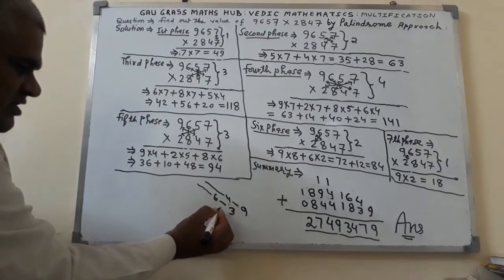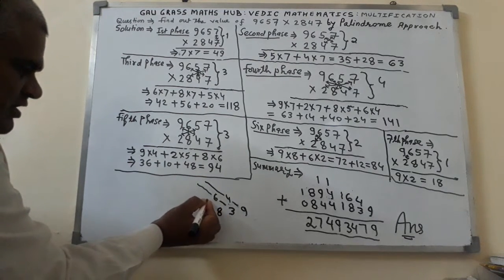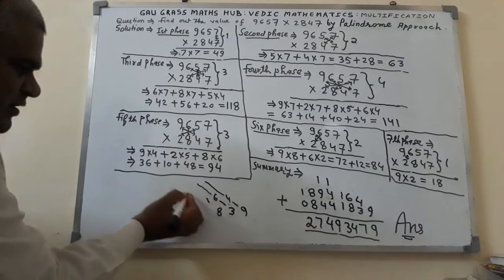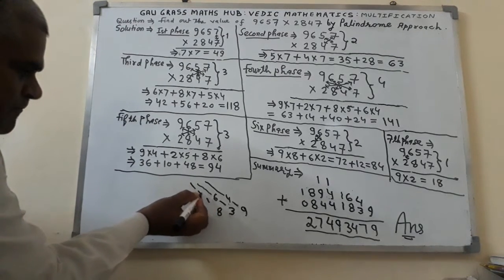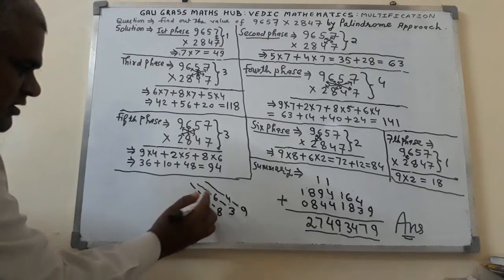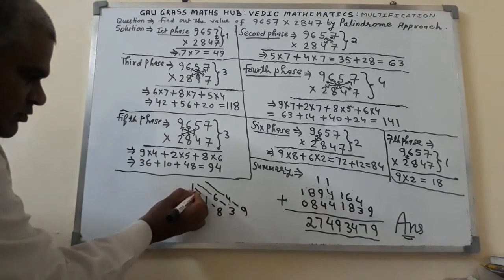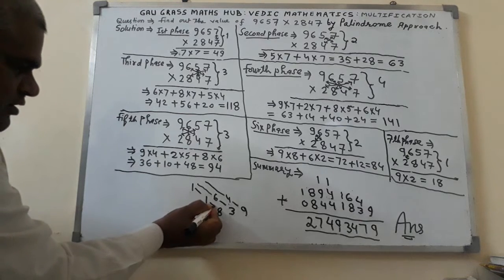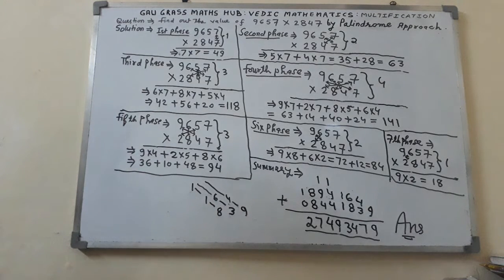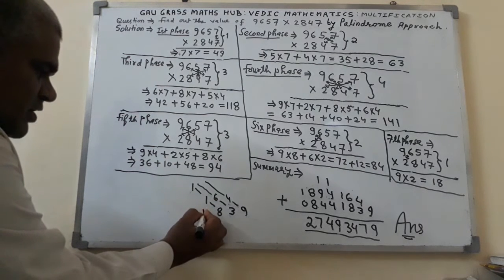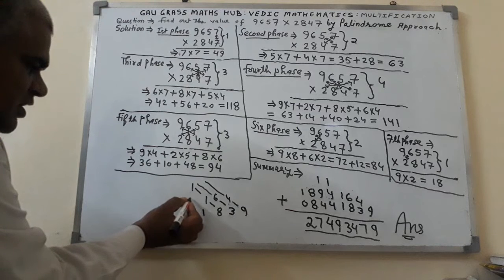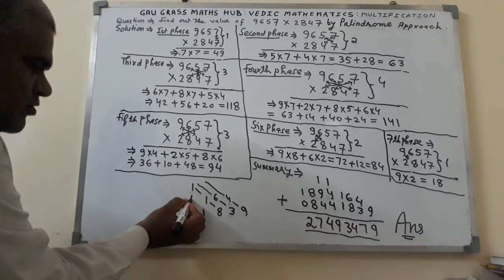So here write 8. Here you will get 1. 118. So here you will get 1, here you will get 1. Like this it will go in the transverse way. 118. Again 141. So here write 1. Here again I shall write 4.